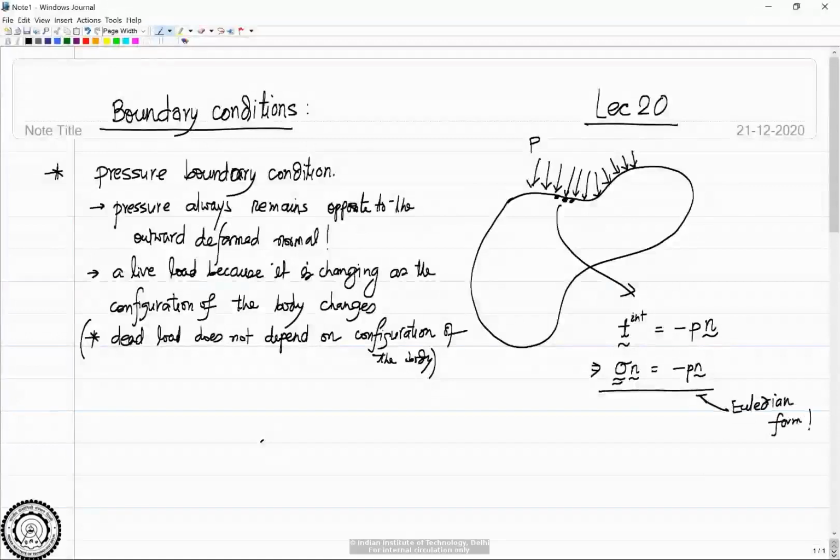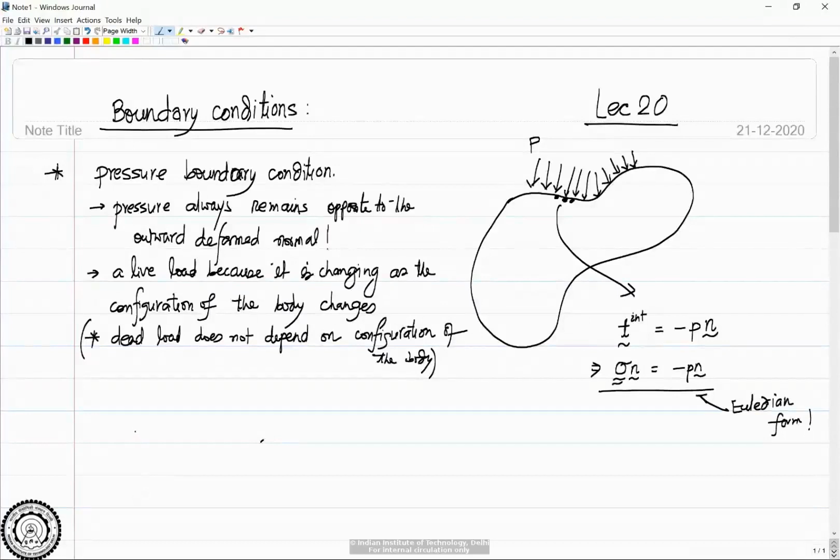Now, how do I write this in Lagrangian form? So, we know how to relate the two traction measures.